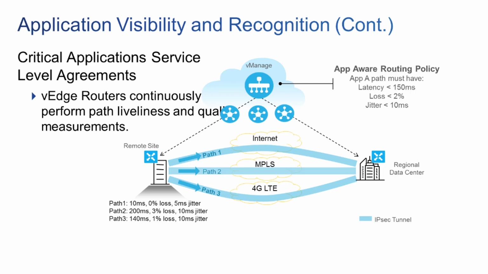So that means that a single vEdge router could connect up to 4 different WAN networks. That's why it's so important to have this application awareness, so that we can choose the best possible path out of a vEdge router over the service VPNs.